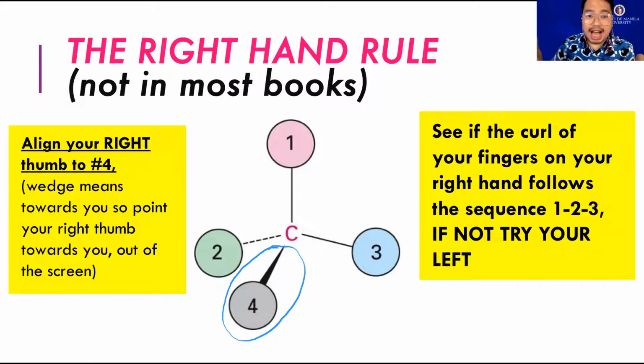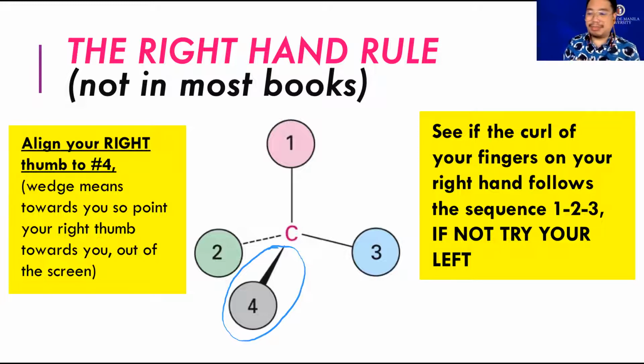That it's going out of the screen or out of the piece of paper or whatever you're looking at this on. So I want you to take your right thumb and point it towards you out of the screen to mimic that carbon 4. In fact, it should be pointing out of the screen and a little bit towards your left, towards your own left, right?